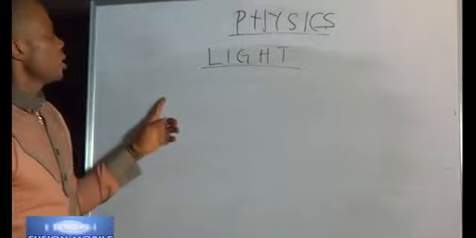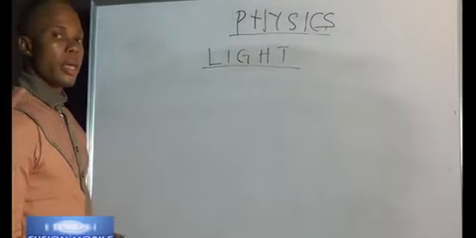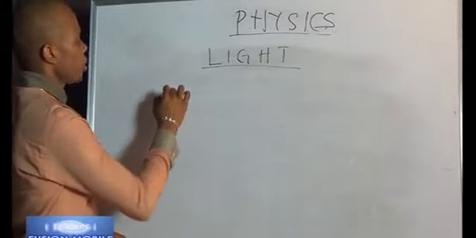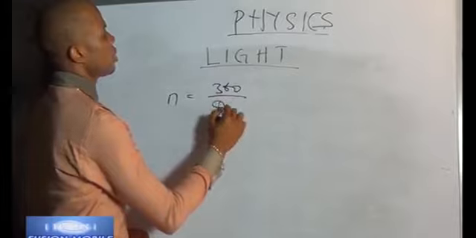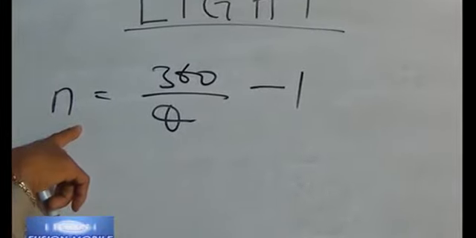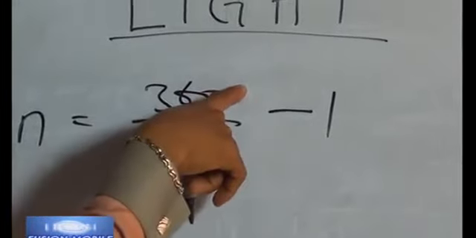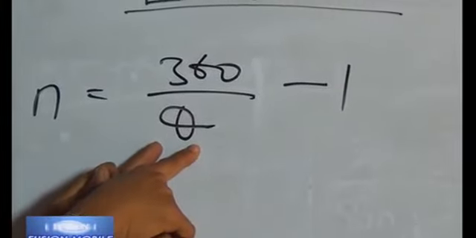In calculating the number of images formed on inclined mirrors, we take over this formula which says that n is equal to 360 over theta minus 1. That means n is the number of images formed, 360 is a complete rotation, and theta is the angle in question.